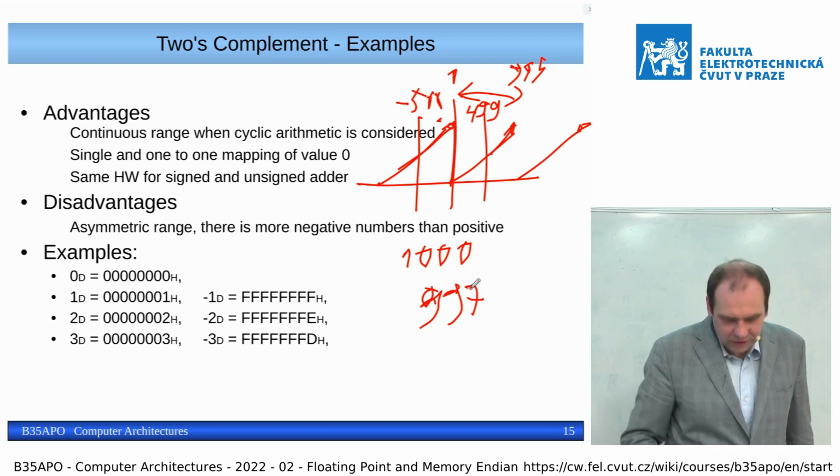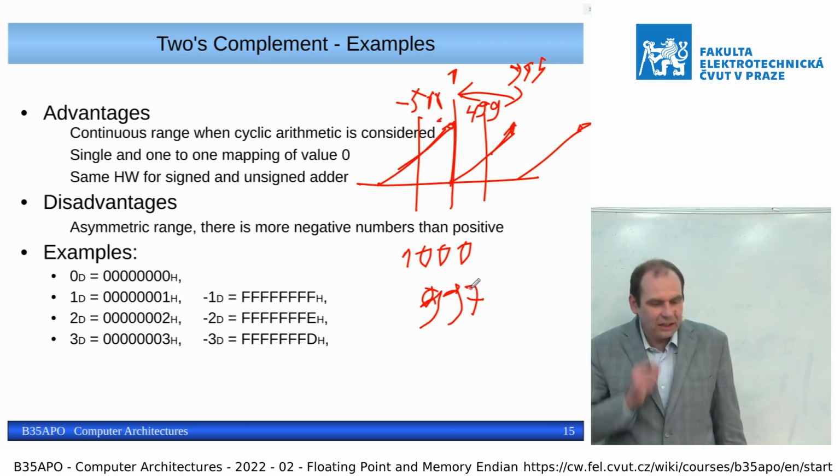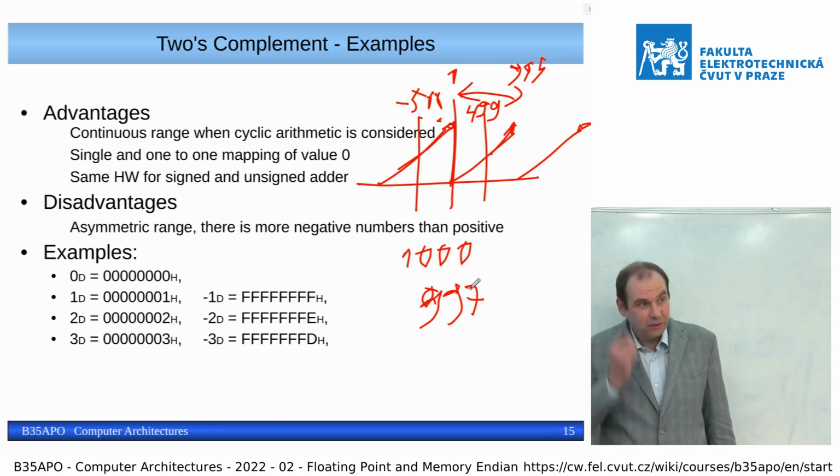So what is the number 997? Minus 3, yes.